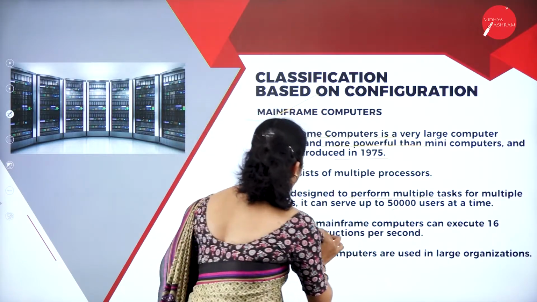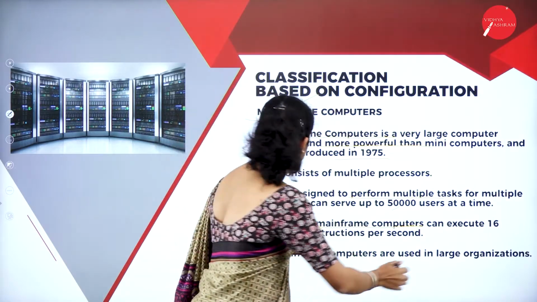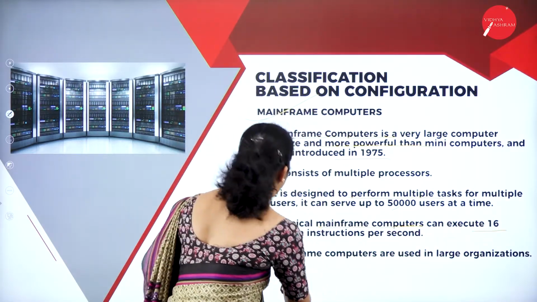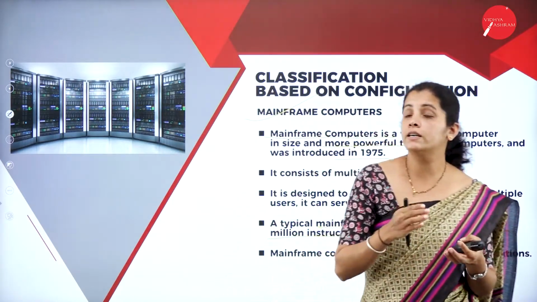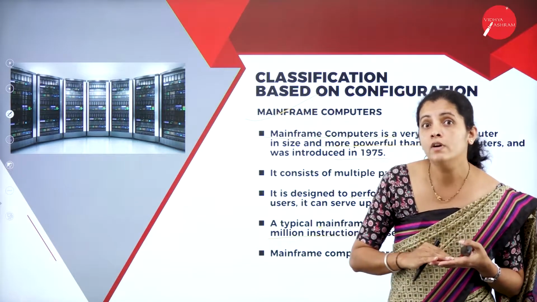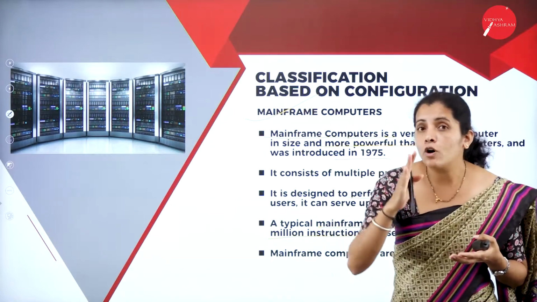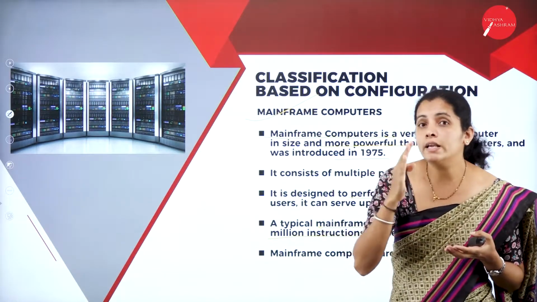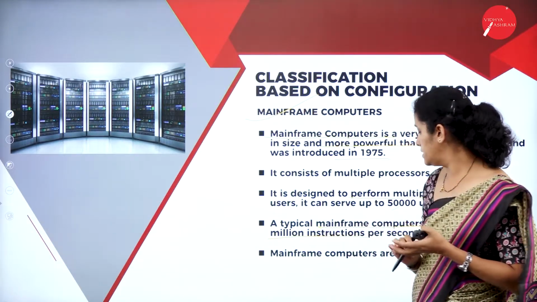A typical mainframe computer is capable of executing 16 million instructions per second. So the mainframe computers are capable of serving 50,000 users at a time, and they can also execute 16 million instructions per second.